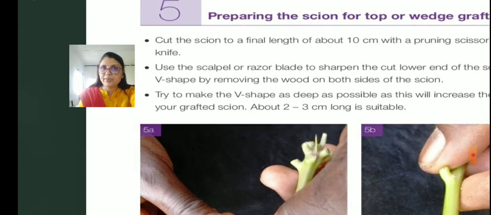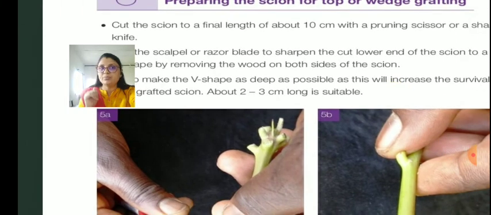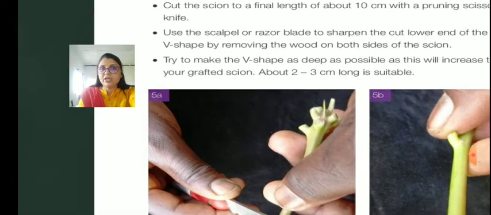Use the scalpel or razor blade to sharpen the cut lower end of that particular scion to a V shape by removing the wood on both sides of the scion. Which shape? V shape. So you should cut like a V shape.